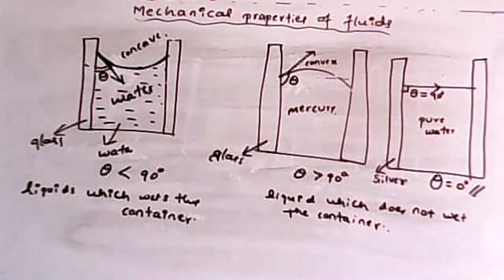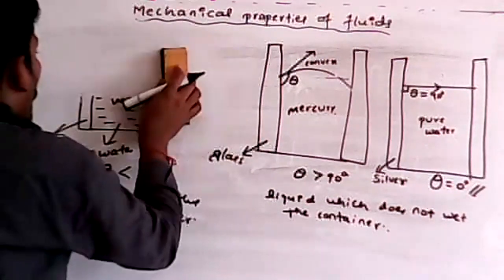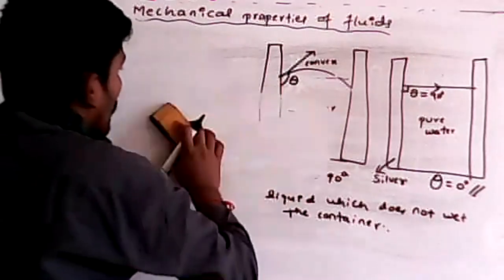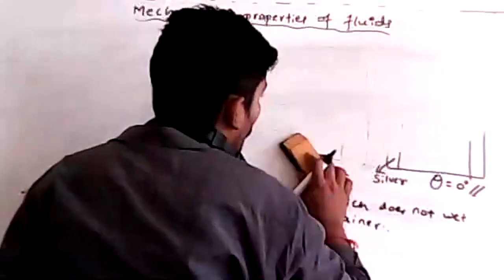Now remember, students, for a 1 mark question we can use one more concept. On what factors does the angle of contact depend? They may ask this question for 1 mark.